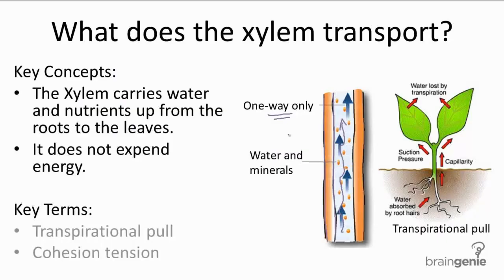So what does the xylem transport? Xylem carries the water and nutrients up from the roots to the leaves, and it does not expend energy. You can see water and minerals moving in the upward direction. It is one way, the movement is always in the upward direction. For example, the water lost by transpiration: during the transpiration process, the leaves release the water into the atmosphere.